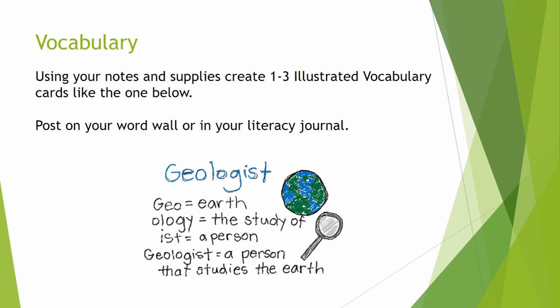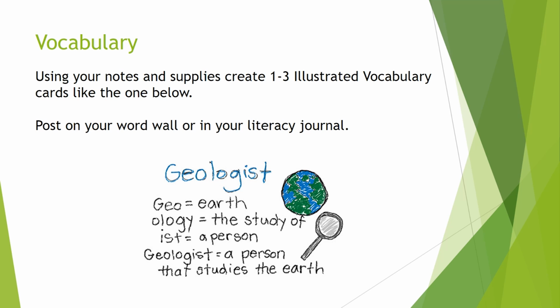Using your notes and supplies, I want you now to create 1 to 3 illustrated vocabulary cards like the one you see on the screen. You're going to take the word and look for its roots and then illustrate the roots. If you look at the card on the screen, you'll see geologist. Geo means earth, ology is the study of, and ist is the person.